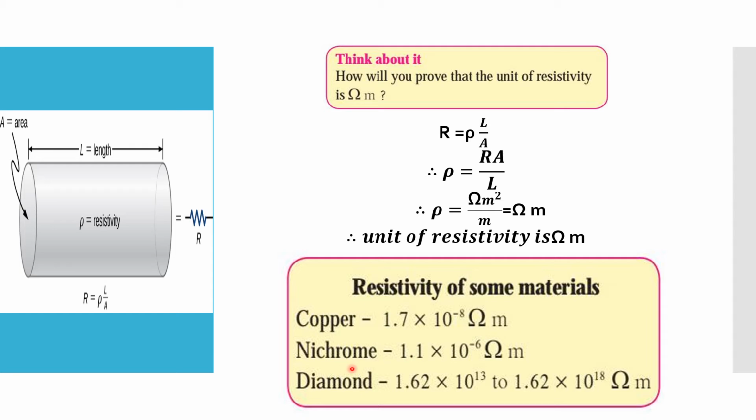Resistivity of nichrome is 1.1 into 10 raised to minus 6 ohm meter, and that of diamond is 1.62 into 10 raised to 13 to 1.62 into 10 raised to 18 ohm meter. These are the resistivities of these specific materials.